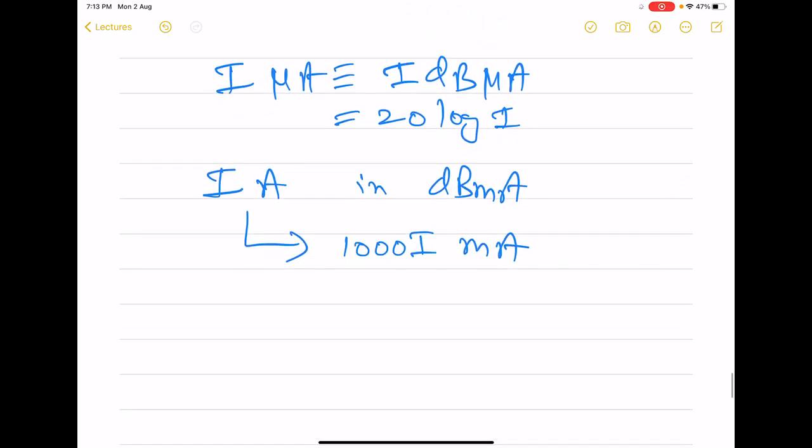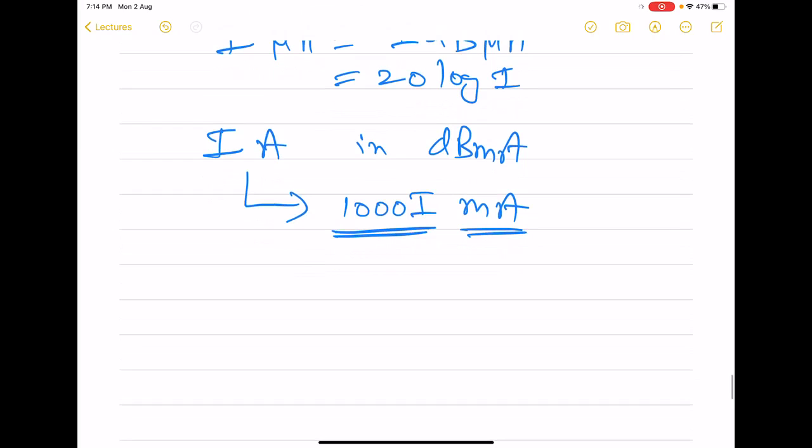So now we find out the decibel for this and retain this unit. So this becomes 20 log 1000 I dB mA.